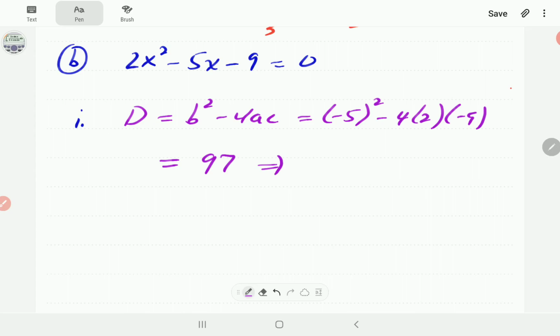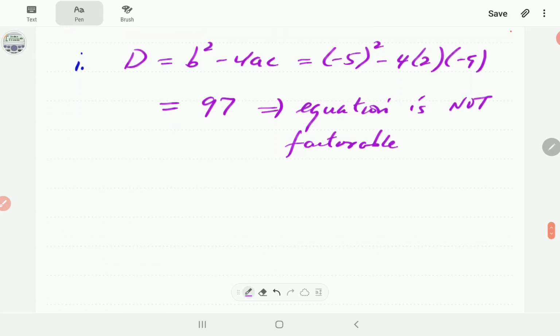Since that is not an integer, this means that 97 is not a square number, and so the equation is not factorable. So that means the method of factorizing is not going to work.